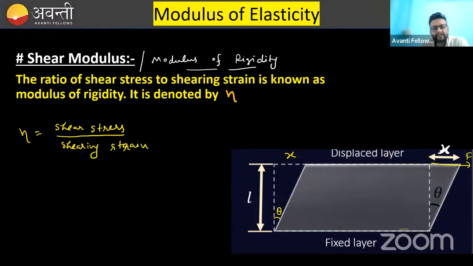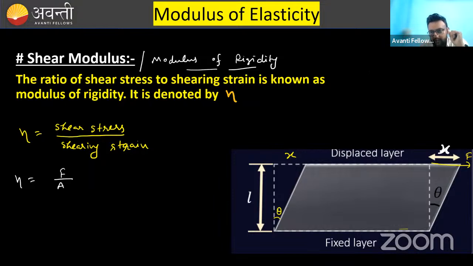I think things are clear that the ratio of stress over strain is known as modulus. What modulus it is depends on the nature of the stress. Now, shearing stress is force per unit area. But you need to remember force is to be taken parallel to the surface.